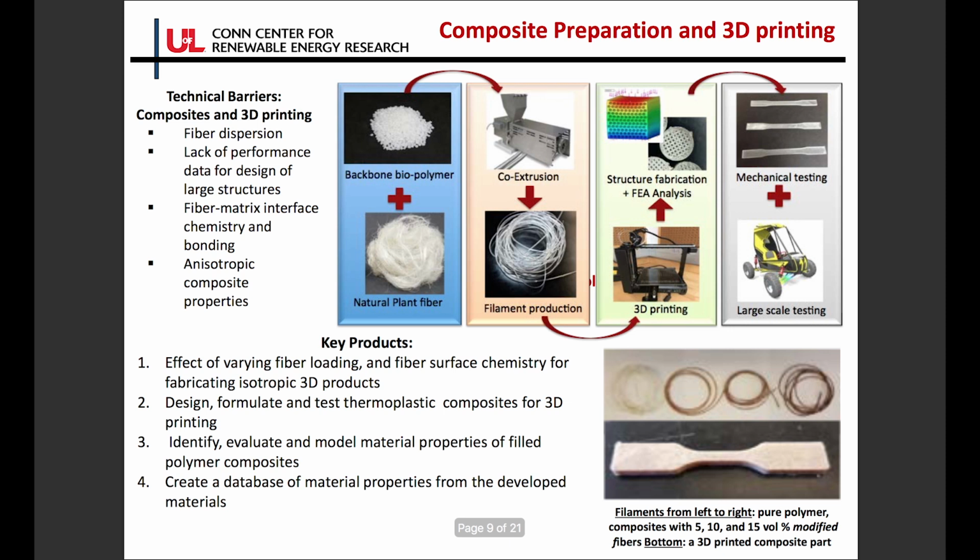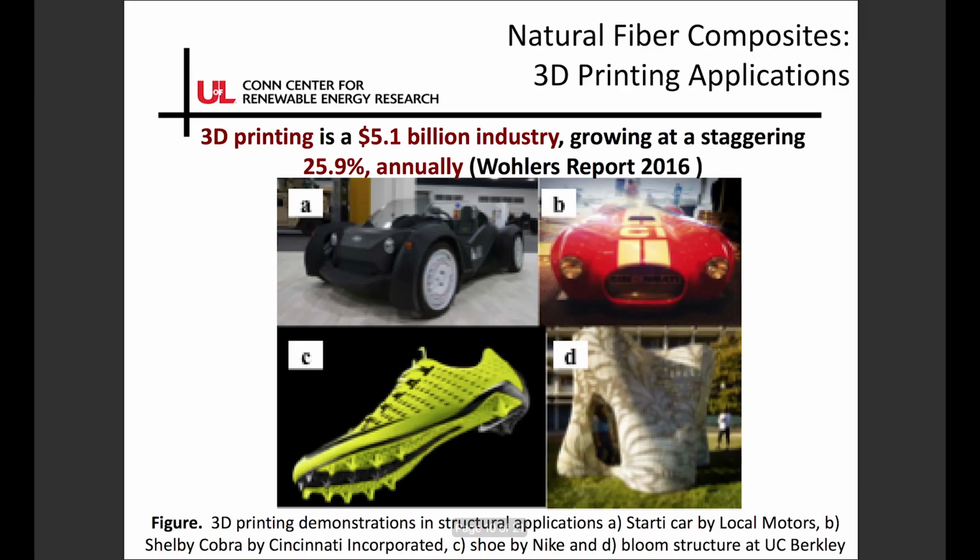The other reason for our interest in 3D printing is that this is going to be a $5 billion industry. When you look at shoes, Nikes versus automotives, everything is going to eventually be 3D printed. With auto parts, custom-made auto parts and all the stuff, Tesla is a 3D printed material.